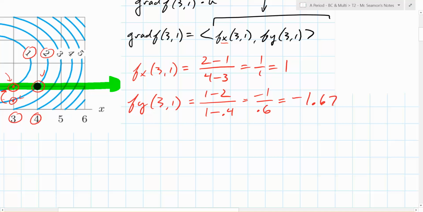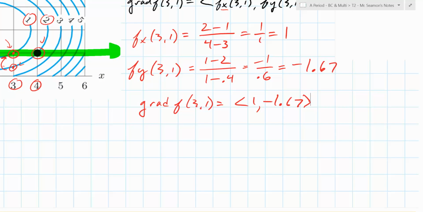So that's what they get. Then what do they do with those values? This tells you what the gradient vector is. The gradient of f at (3, 1) is going to be (1, negative 1.67).